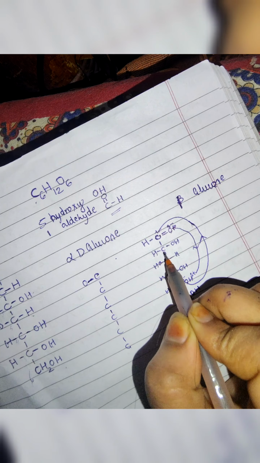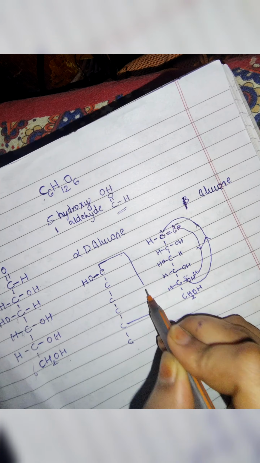Here this OH is there, no? I'm writing this carbon. The OH will be on the left side. So what I said, the attraction takes place, that is, the C double bond O will be connected to this particular carbon atom like this.